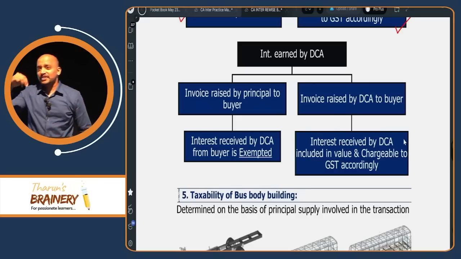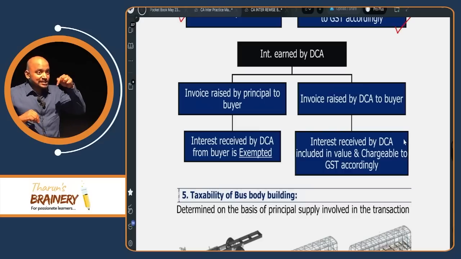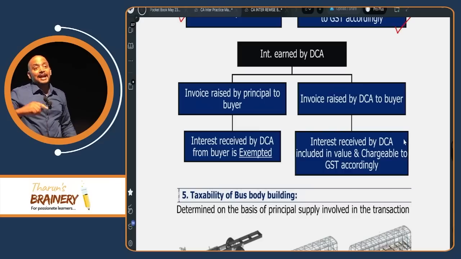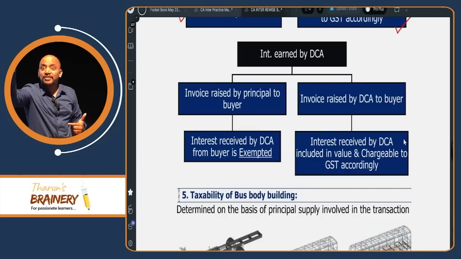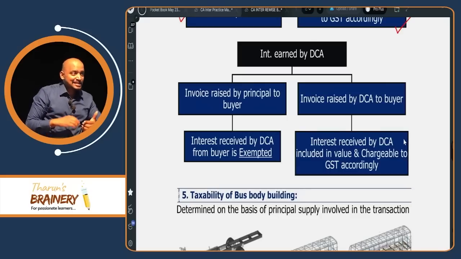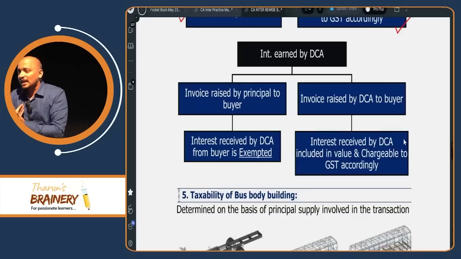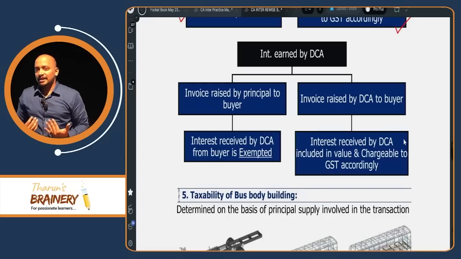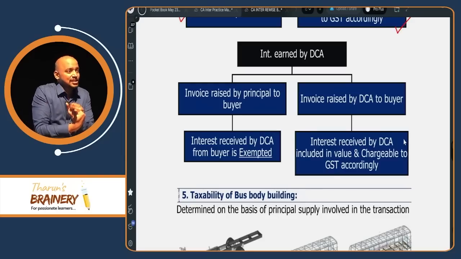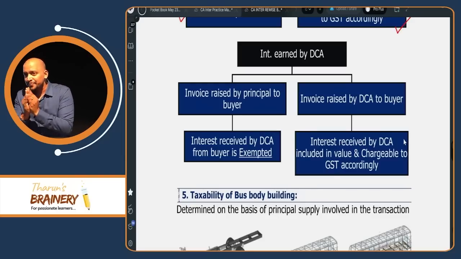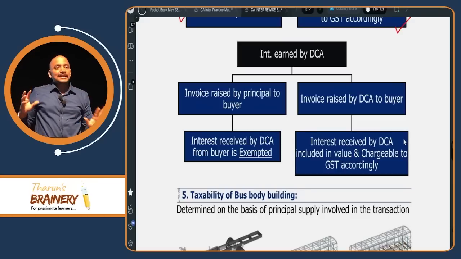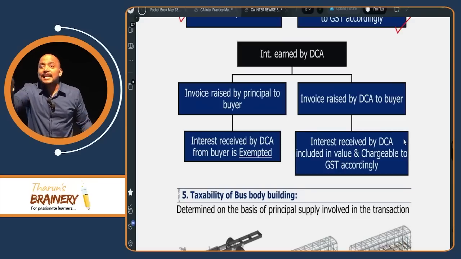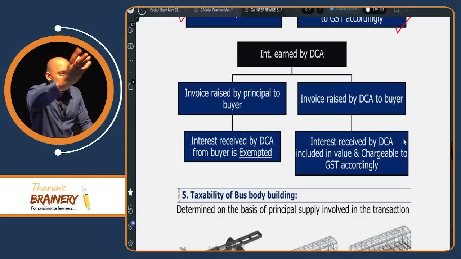That's why we learned that a del credere agent will have the risk of bad debts. Why? Because the del credere agent first makes payment to the principal and later collects it from the buyers. If the buyer does not pay the del credere agent, the agent has to bear that burden. So that's why the risk of bad debts is on the del credere agent. Are you listening? In this case, the del credere agent is giving a credit facility to the buyer. Will you agree with me?